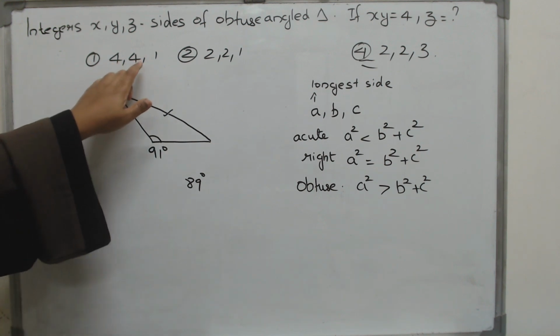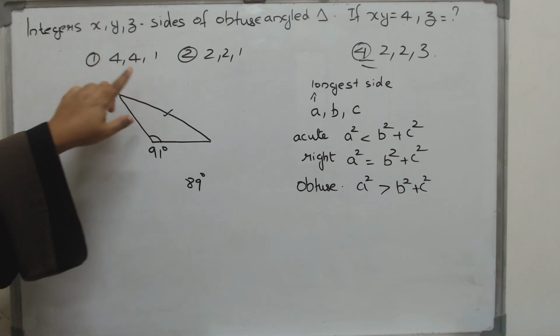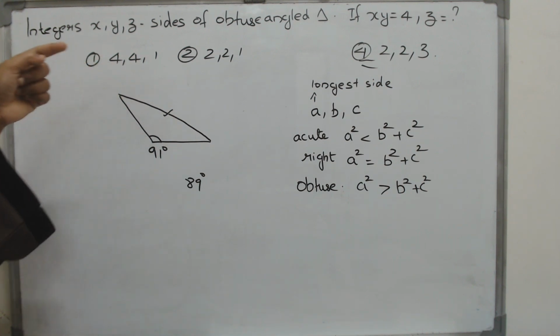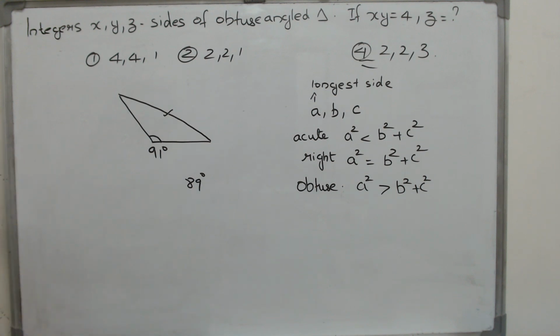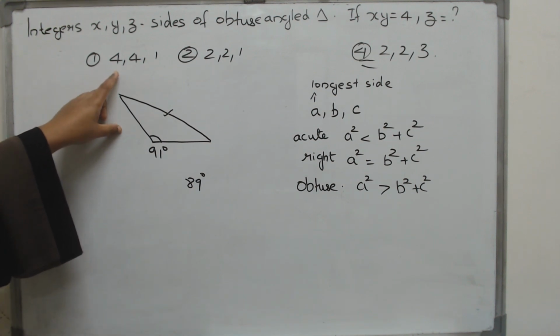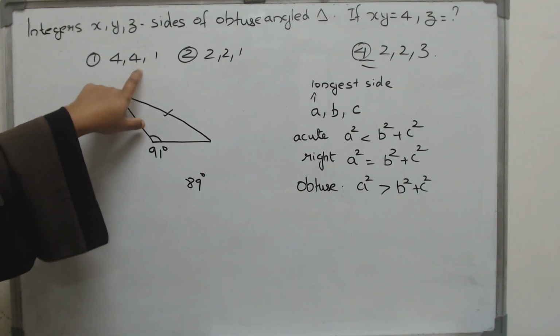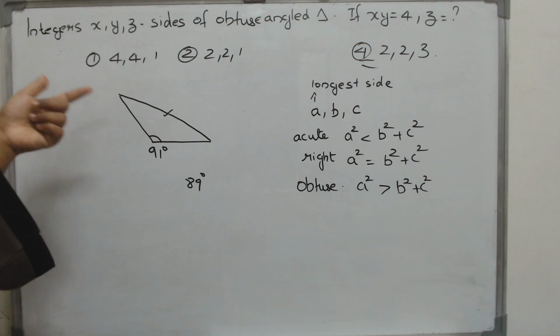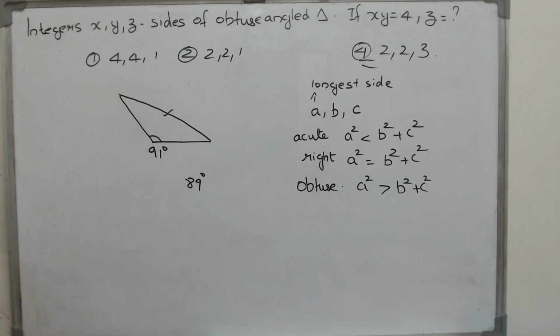But here you have two bigger sides. Both 4 and 4 are the same, which means their opposite angles will be the same, but those two angles cannot be obtuse, because you cannot have two obtuse angles in one triangle.